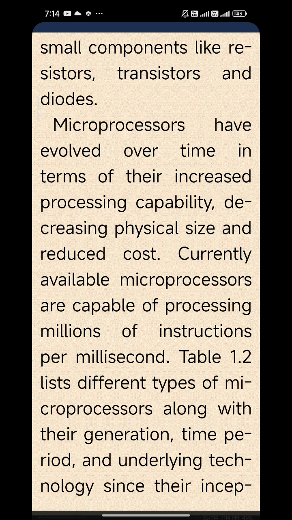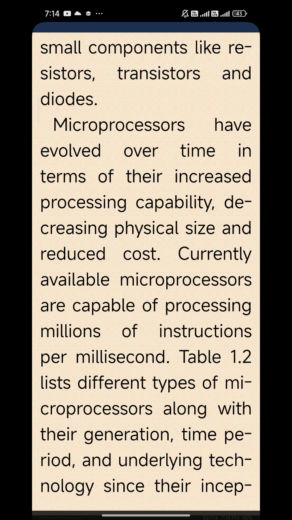Microprocessors have evolved over time in terms of their increased processing capability, decreasing physical size, and reduced cost. Currently available microprocessors are capable of processing millions of instructions per millisecond.